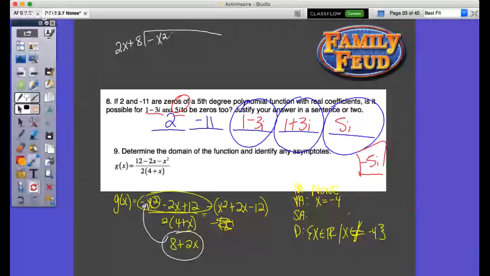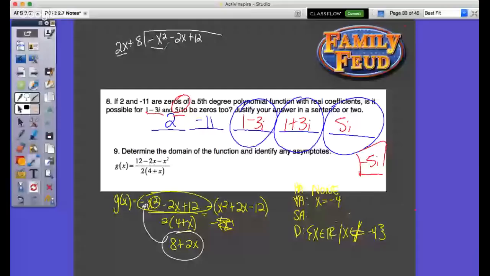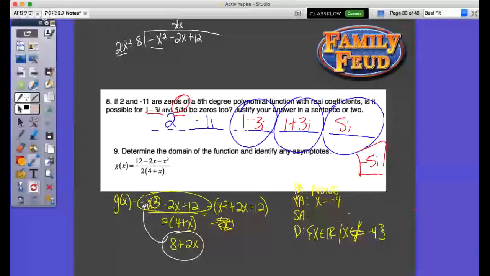Okay, so what times 2x gets me negative x squared? Good question. 1/2, right? Negative 1/2 x times 2x should produce the same thing, so that would be negative x squared. Negative 1/2 x times 8 is -4x.